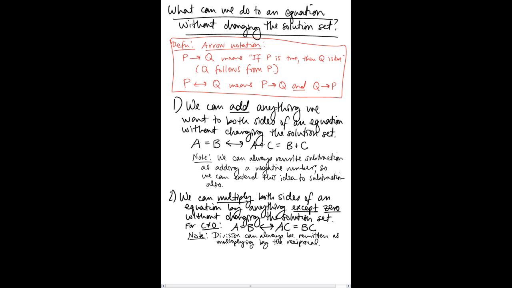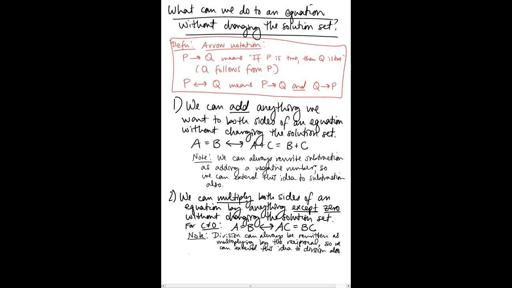So we can extend this idea to division also. So that means we can divide both sides of an equation by any number that's not 0. Obviously we can't divide by 0 because that would be undefined. And it won't change the solution set.